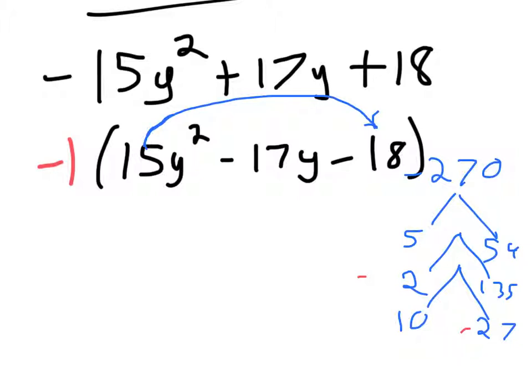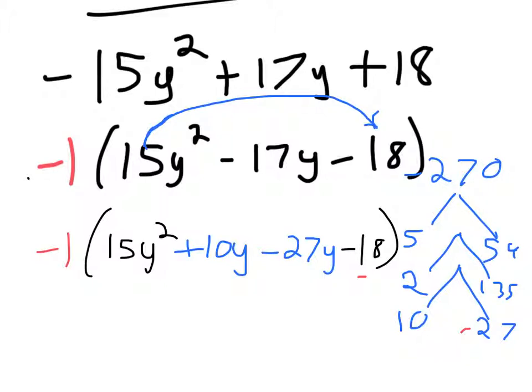And the only thing that's actually going to change is this right here. We're going to replace this with our magic pair. Okay, so check out what I wrote. Isn't this the same thing as this? 10 subtract 27, that makes -17. So I haven't really changed the problem yet. I just changed how it looked by replacing the middle term with my magic pair. So I got 10y minus 27y in here.